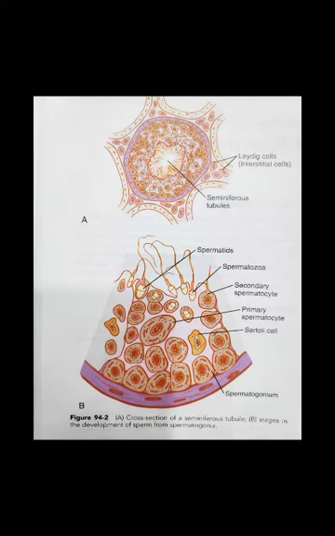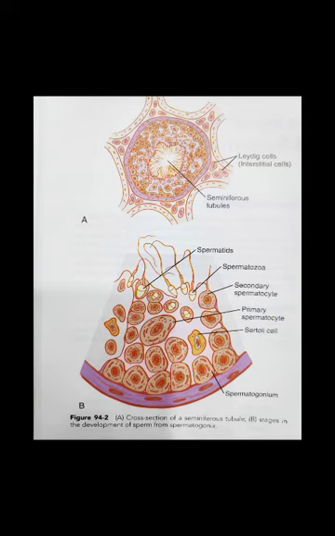Under the effect of one of the gonadotropin hormones, that is follicle stimulating hormone. Again, don't get confused, we'll discuss later what gonadotropins are. For now, there are two gonadotropins: follicle stimulating hormone and luteinizing hormone, right?